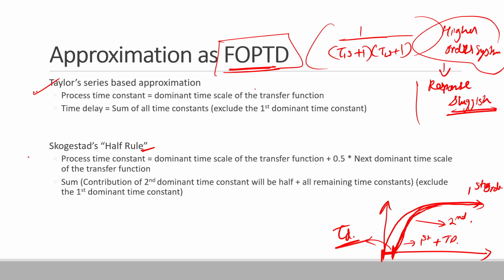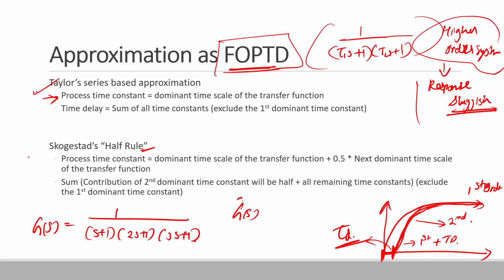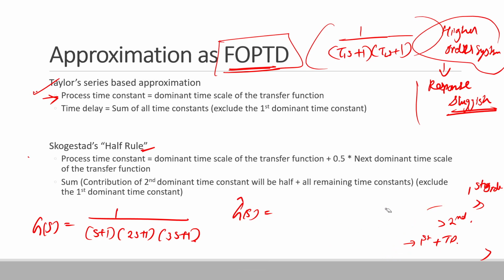So let's consider a given process that is given by the transfer function 1 upon s plus 1, 1 upon 2s plus 1, and 1 upon 3s plus 1. Now any FOPTD process I can represent, as an approximation, with the time delay term as e raised to minus tau d s upon tau bar s plus 1.